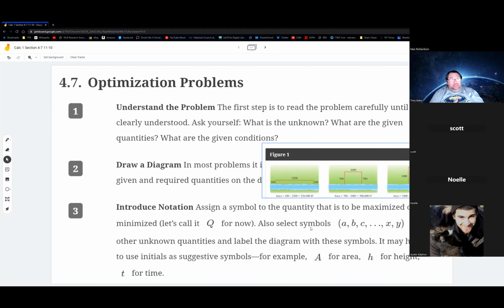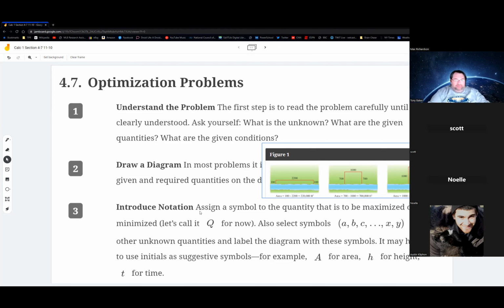Don't always sit there and try to do the variables and stuff first. Sometimes just trying numbers to see how it works makes a lot more sense and actually helps you understand the problem a little bit better. That's why step 2 is to draw the diagram. And then step 3 is to actually introduce some variables to it.